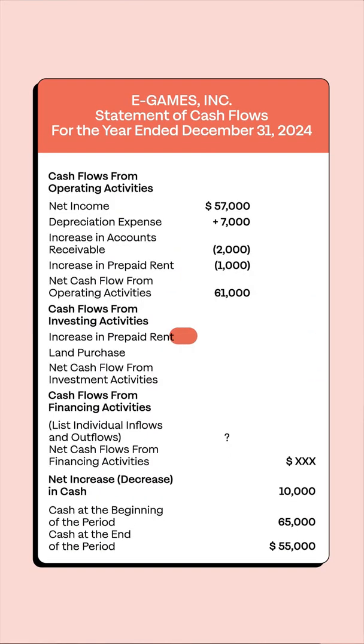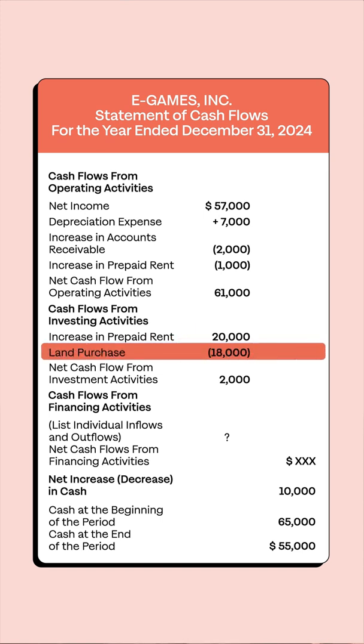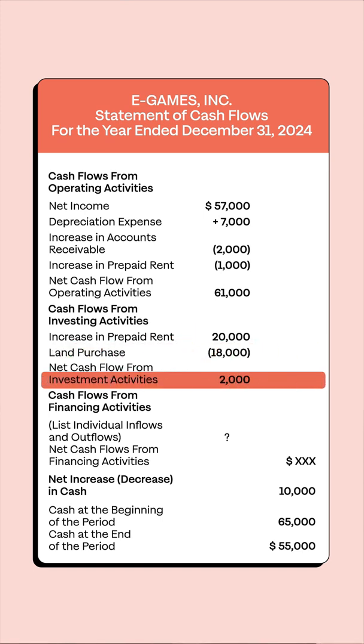Great Tools also purchased land during the period and paid an actual cash value of $18,000. This is a cash outflow. To find the net cash flow for the investing activities category, we combine the gain of $20,000 with the loss of $18,000. This is a net increase in cash flow of $2,000.